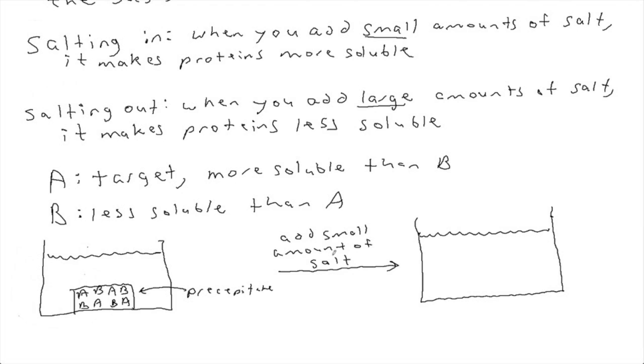So by adding a small amount of salt, we allowed the precipitate to dissolve. So now the protein is floating around as separate molecules, because the salt made it more soluble.